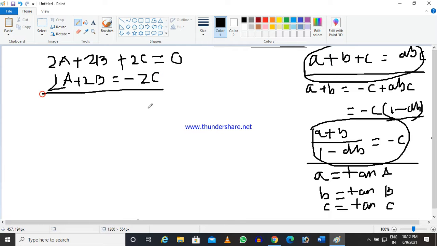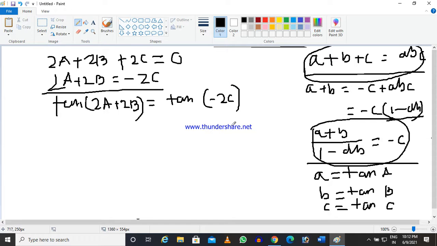Now if you take tan on both sides, tan of 2A plus 2B is equal to tan of minus 2C.